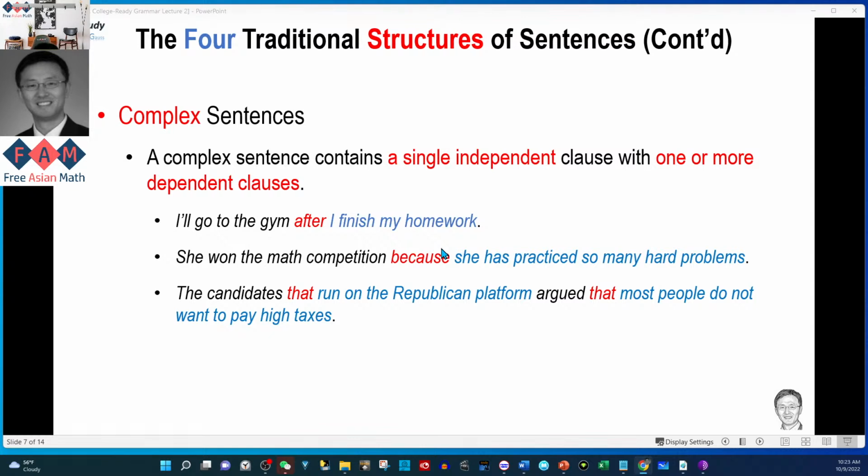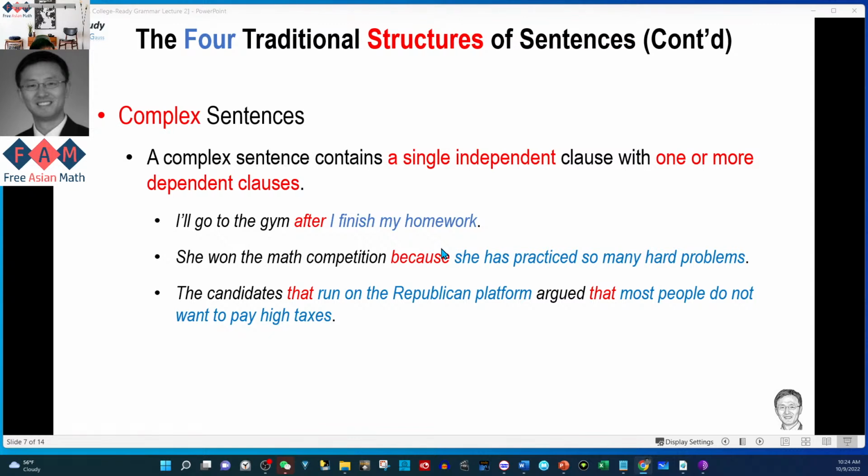And this sentence is structured in a way that "I finish my homework" could be a complete sentence. It stands alone, right? But here it appears as a dependent clause. And it's attached to the main clause, "I will go to the gym," which itself could also be a complete sentence if it stands alone, with an "after."